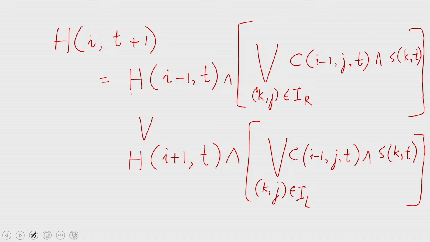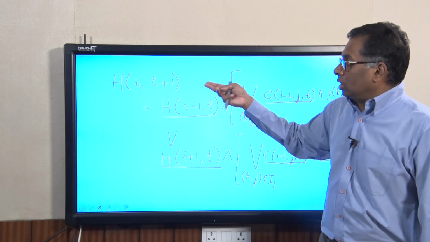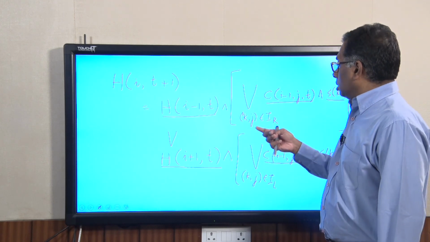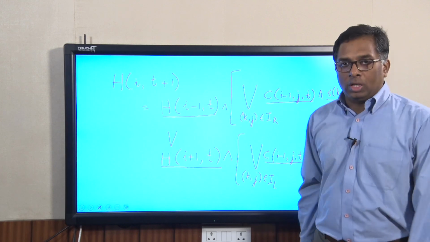Now, if we have these signal points, we know H i minus 1 t, H i plus 1 t, and let us say we know C i minus 1 j t, S k t, C i plus 1 j t and S k t. We have all these signal points for every k j belonging to I R and for every k j belonging to I L. Then we can construct a Boolean circuit for H i t plus 1 using AND, OR and NOT gates. In fact, we do not need a NOT gate here, we need only AND and OR gates.